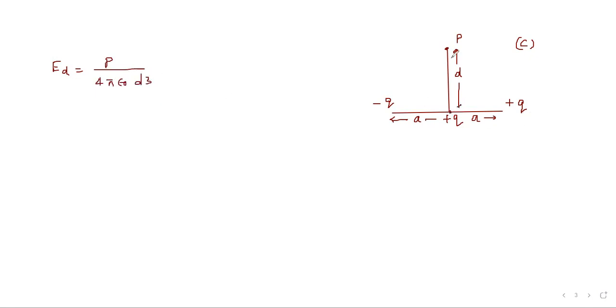And due to this charge, the electric field at point P will be, suppose it is E, q upon 4 pi epsilon naught d square.